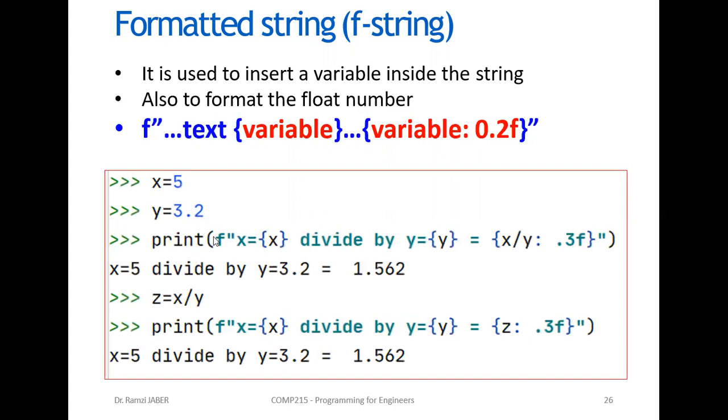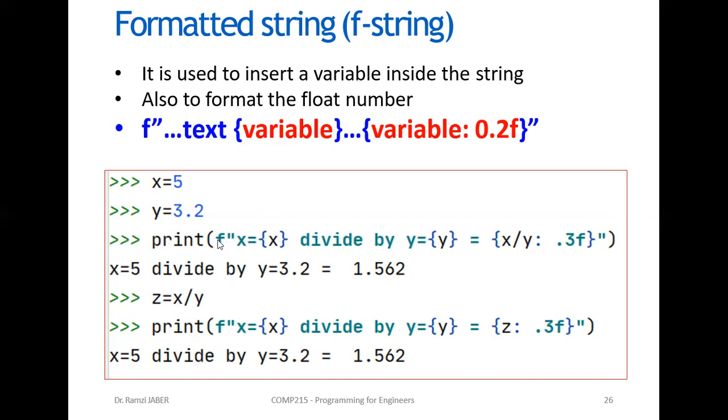Print between parentheses, put f between quotation marks, then the text, x equal, and between braces put your variable here, not at the end, but inside the string, inside the text. So f, open double quotation, your text, close double quotation. Here it cannot work with single quotes, only double quotation.